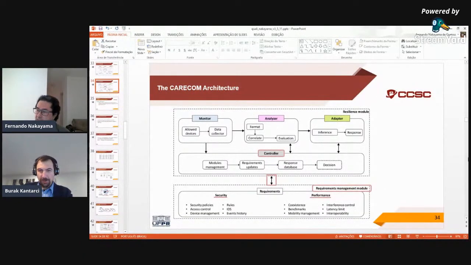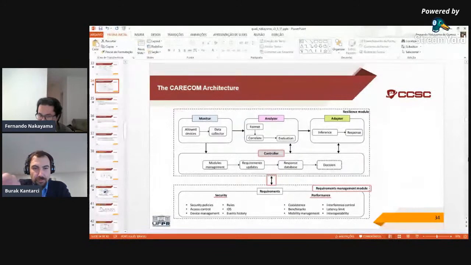So the requirements management module, I saw that actually before as well, but I'd like to understand here a little bit more about the requirements management module, because the design of the requirements management module is actually a very solid contribution. So what is your plan for designing this management module?